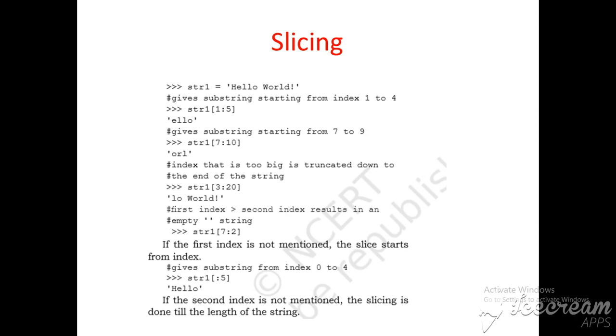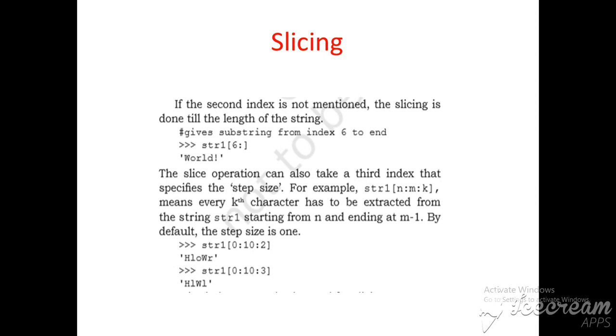In the last example, the starting index is not specified and only the ending index 5 is given, so it starts from 0 and goes up to 5 minus 1, that is 4. So 0 to 4 is returned. If the second index is not mentioned, as in str1[6:], it takes the entire string starting from 6 to the end.